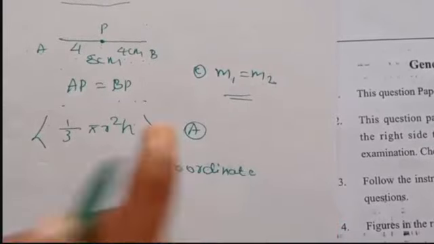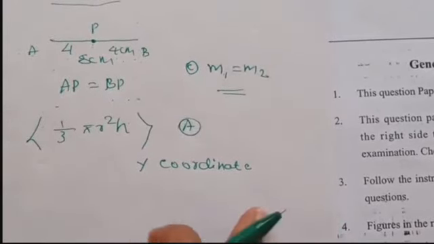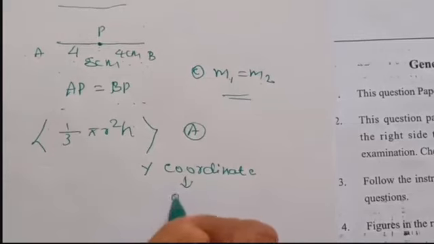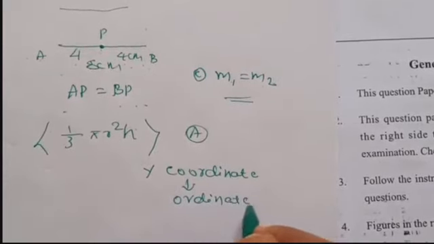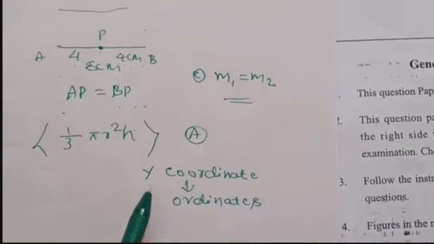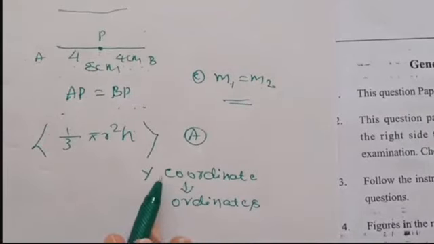The distance from the x-axis is known as the y coordinate as well as ordinate. The distance from the y-axis is called the x coordinate, and the other name is abscissa.